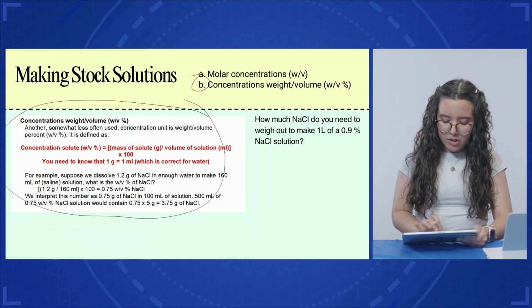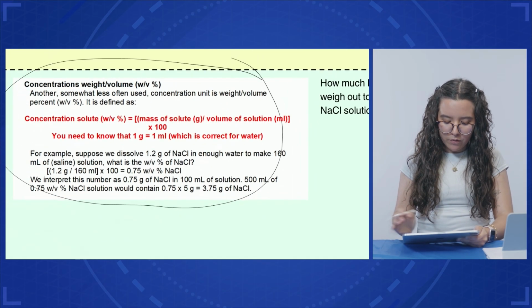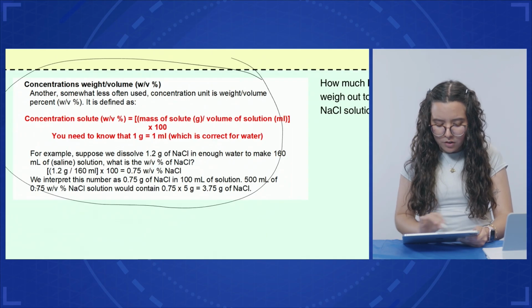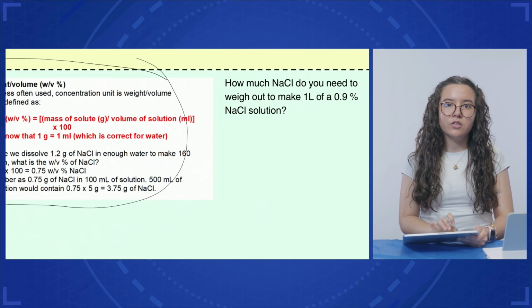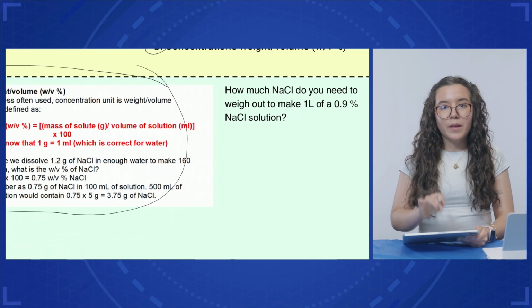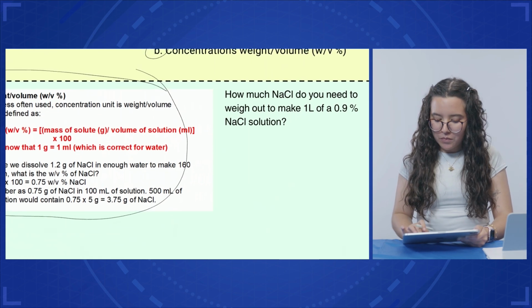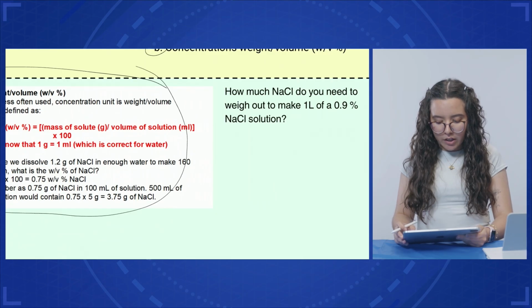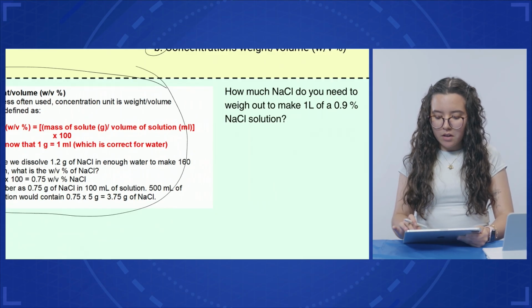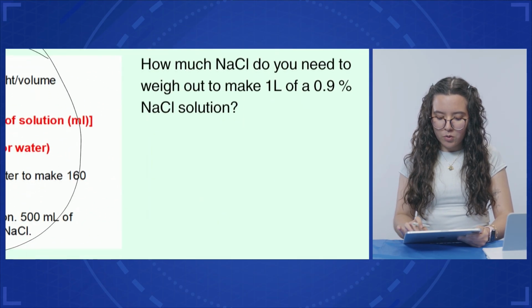So it is always important to know how to approach problems whenever you come across them. Here it gives you a sample problem, but I think it's always best to work them out and learn that way. So here the problem is, how much sodium chloride do you need to weigh out to make 1 liter of a 0.9% sodium chloride solution?